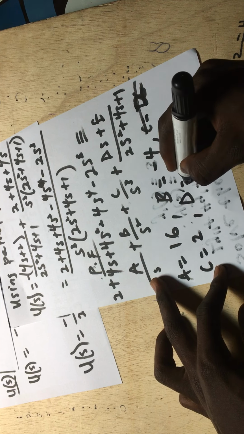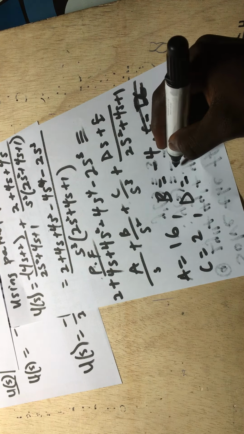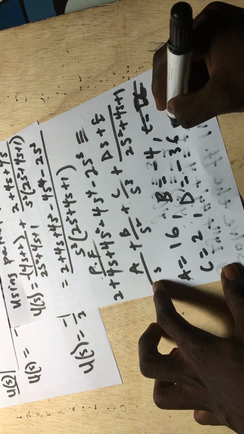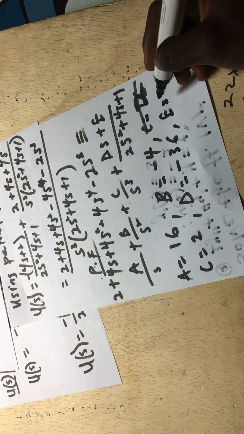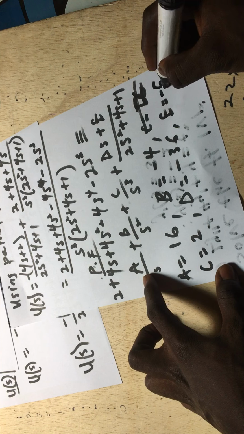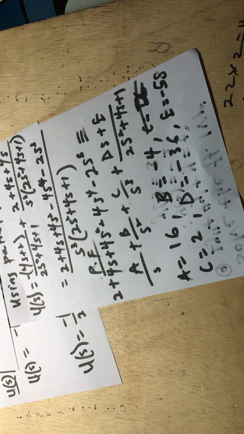Our D will give us negative 36. And then our E will give us negative 58. I hope you guys are okay.